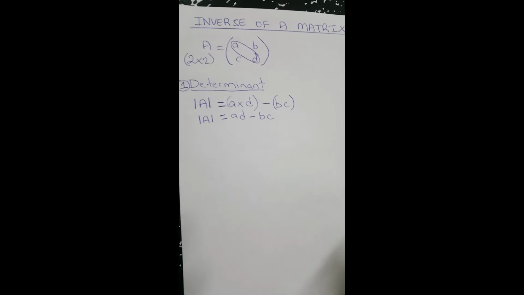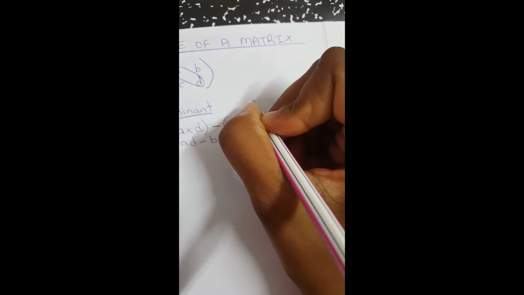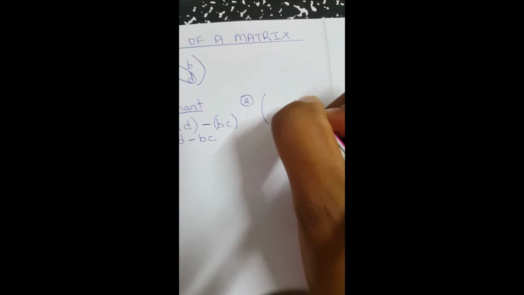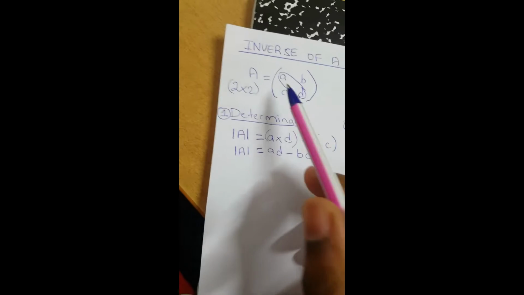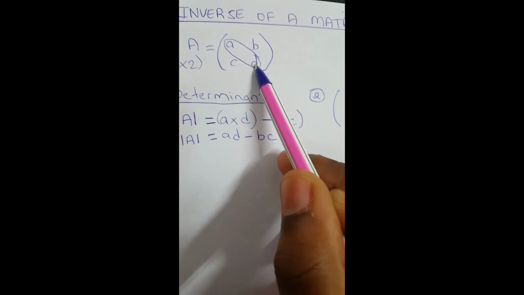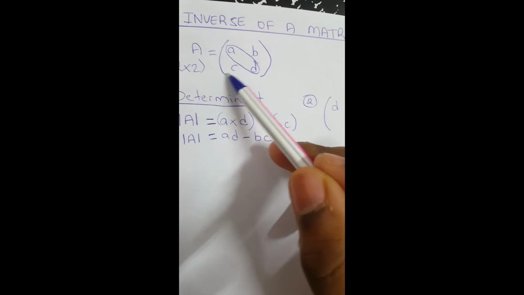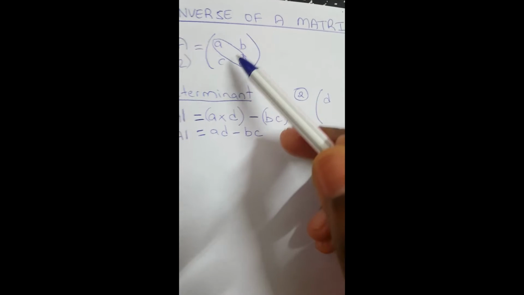Okay, but this is the determinant, and then you need a next thing called the adjoint. This is another special thing that we use to find the inverse. With the adjoint, all you have to do is switch your leading diagonals. So a would now be in d position and d is in a position. So this is now d, this is now a. And then with your second diagonal, you just change the signs.